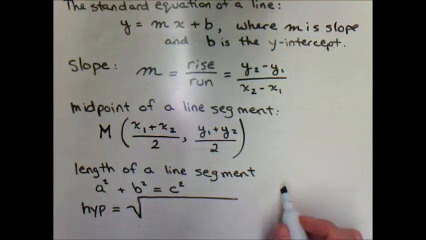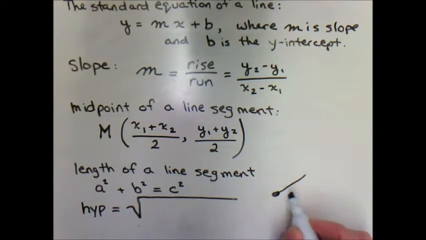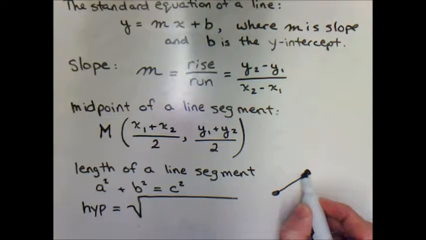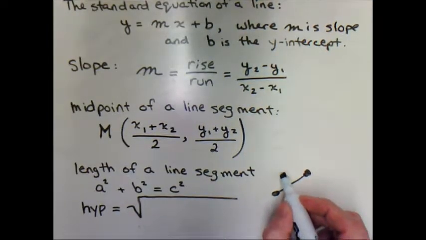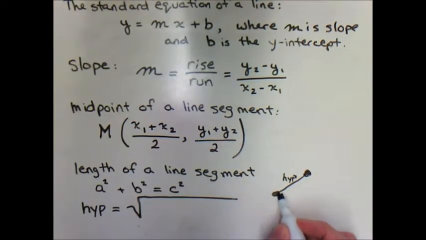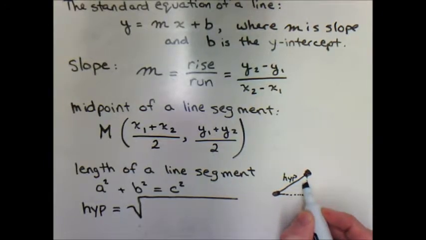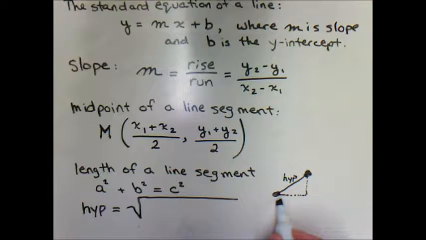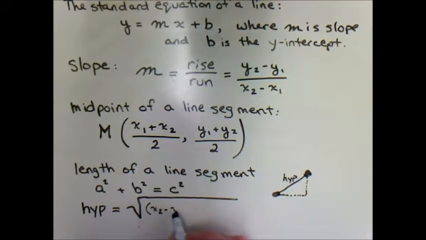So just to draw a picture off on the side, we're talking about a line segment that maybe looks like this, and we need to find the length of this. It's going to be the hypotenuse of a right triangle that we make, where one of the lengths is the change in x, which is x2 minus x1.